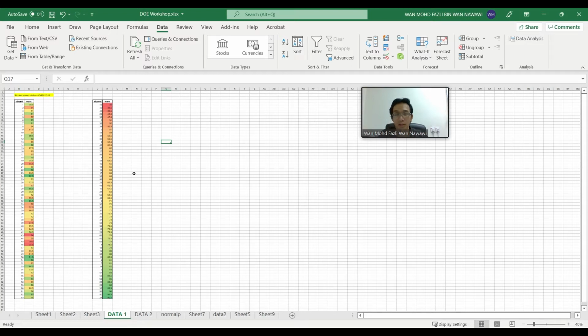Just seeing at a glance, you can see that there are a lot of students in the middle. The scores are more or less in the middle. There is a dark red on top, just a few, and dark green at the bottom. So somehow you can see there is a normal distribution. Okay, so you sort like this.